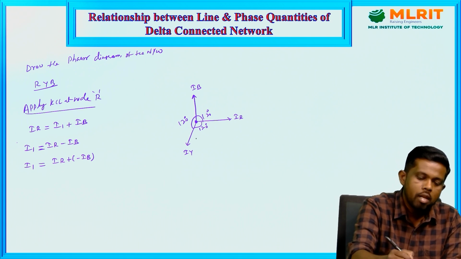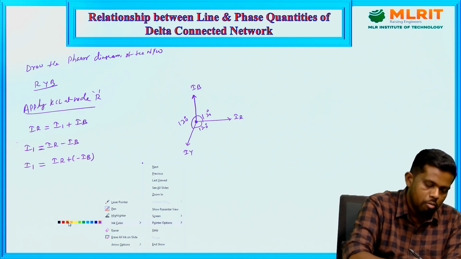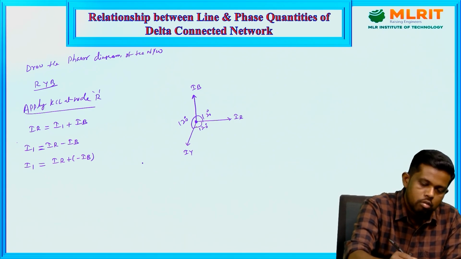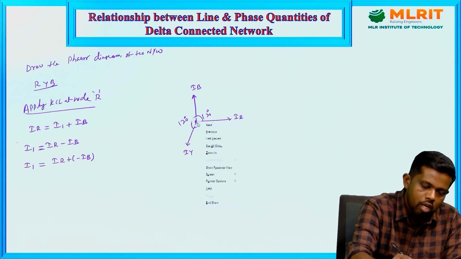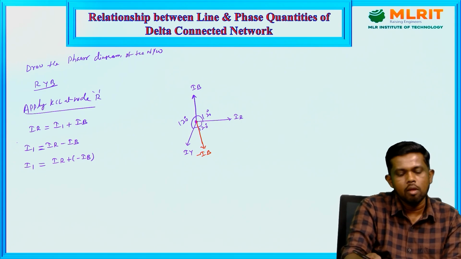So this is plus IB, and the minus IB is taken at this position. So this is the minus IB.